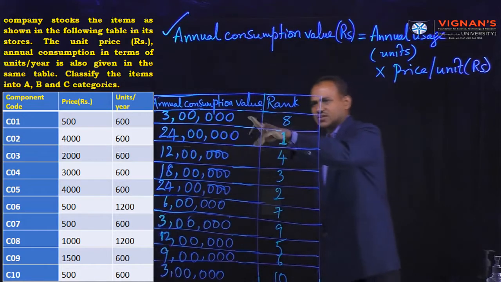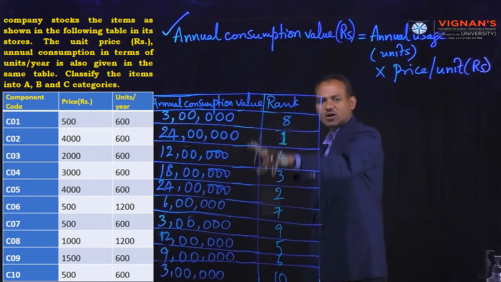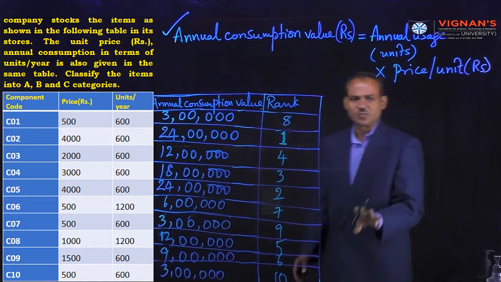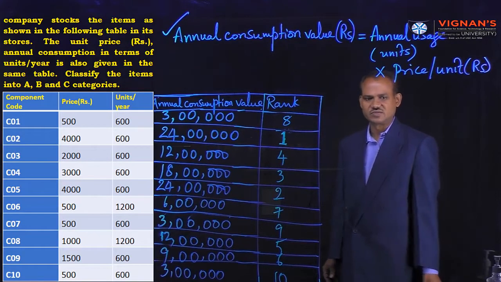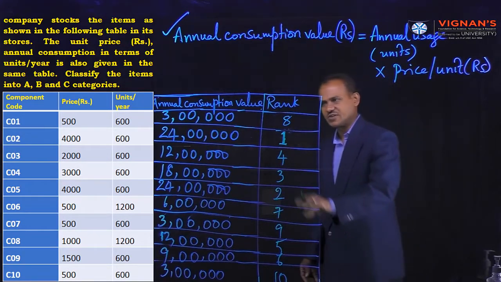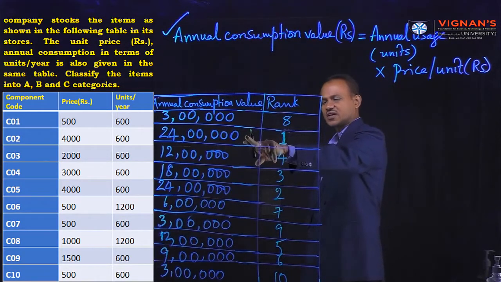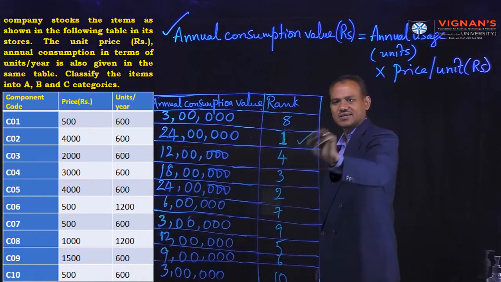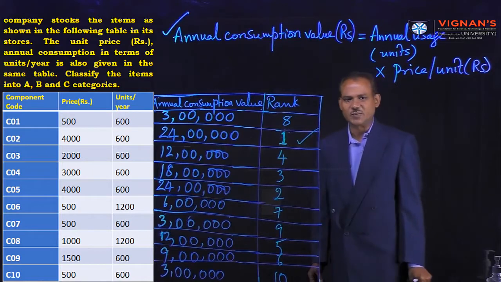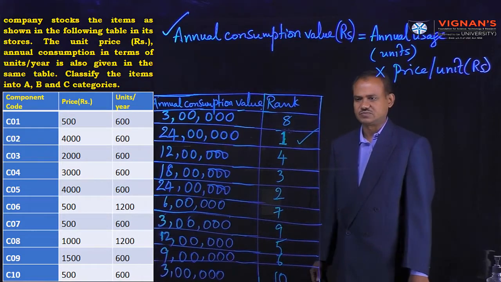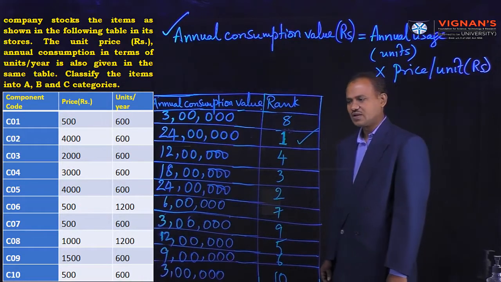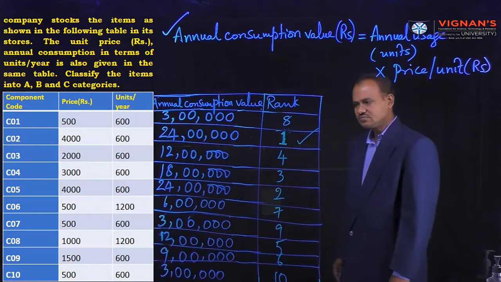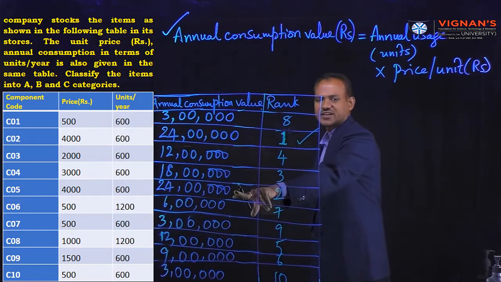First of all, among all the 10 components, which component has the highest annual consumption value? This is for component 2. Therefore, assign rank 1 to that component, that means C02. Okay. Next, another 24 lakh is also there.